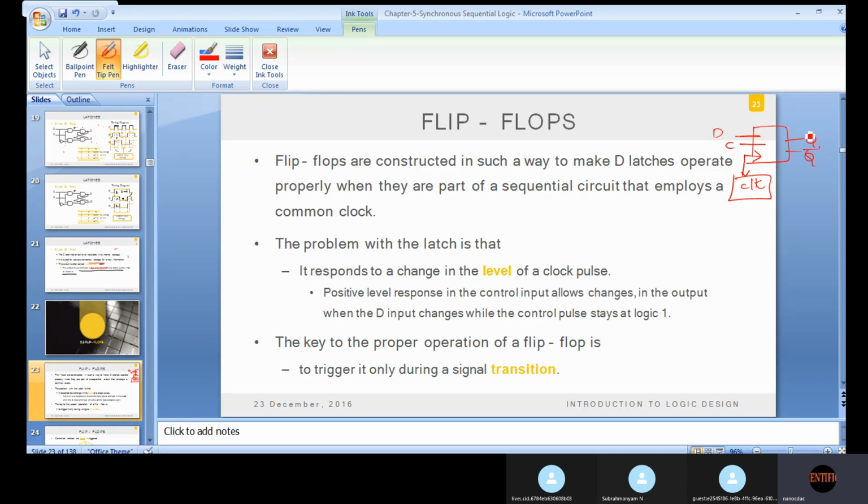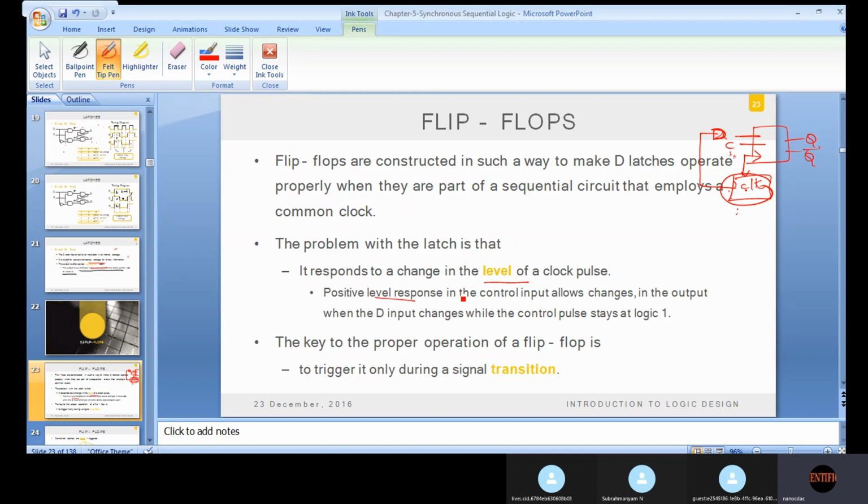Okay, so see here, the data should always be synchronized with the clock. Flip flops will operate properly when we are adding a clock to it. The latch responds to a change in level of the clock pulse.